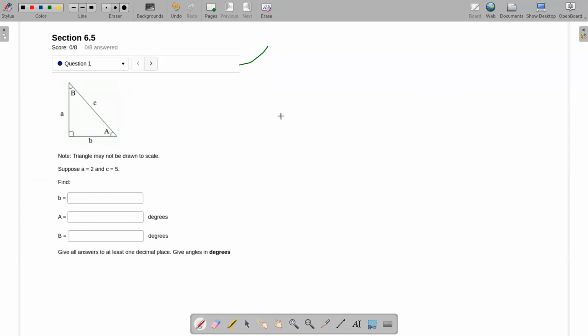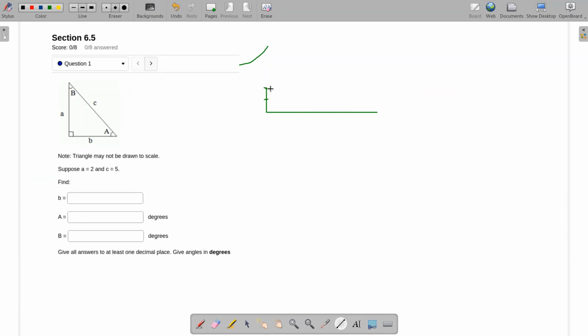So let's draw maybe a baseline. Oops, I want the line tool. Let's try that again. Let's have a baseline to work off of. And then I'm going to have a line, and let's say that right there is 1, 2. And then I want to come 5 off of that.